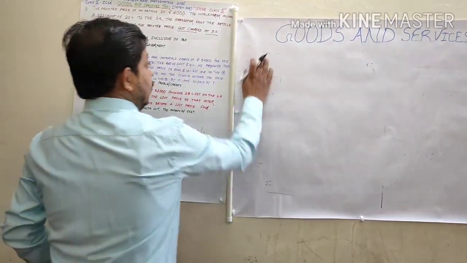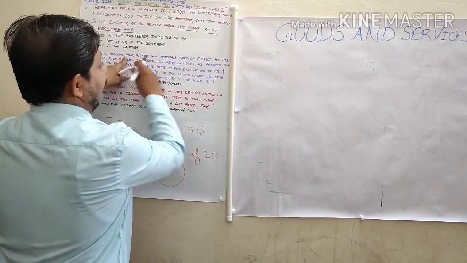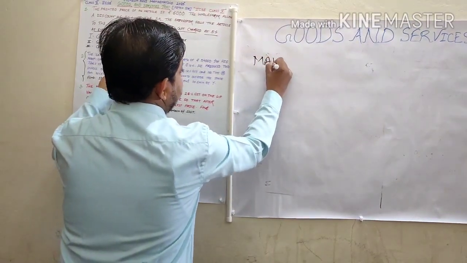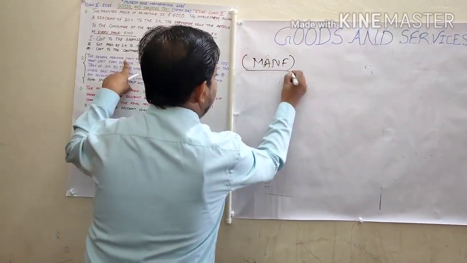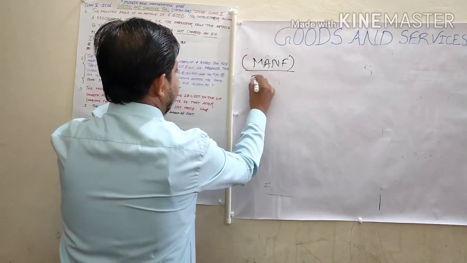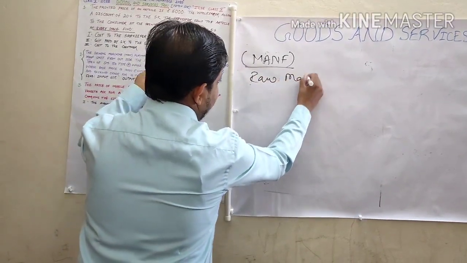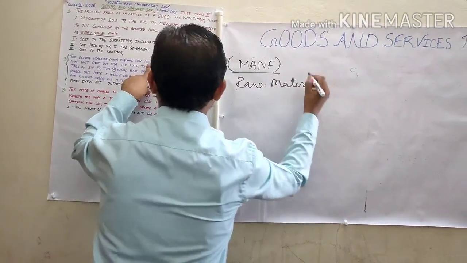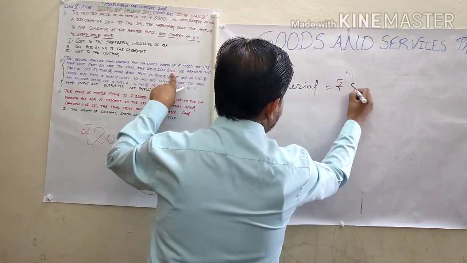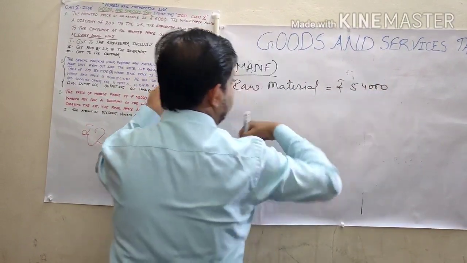See, the sewing machine manufacturer. The manufacturer means wholesaler or whatever. Raw material, how much? Raw material is rupees 54,000 from the other state.